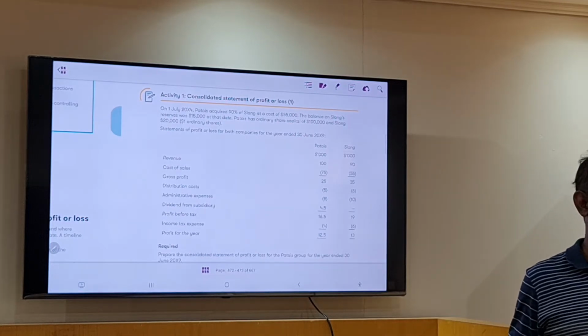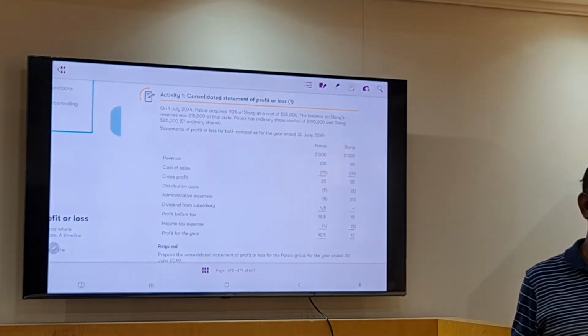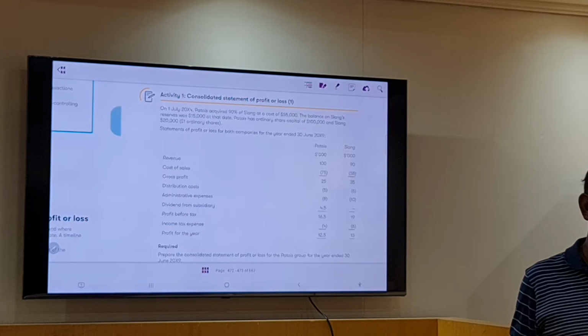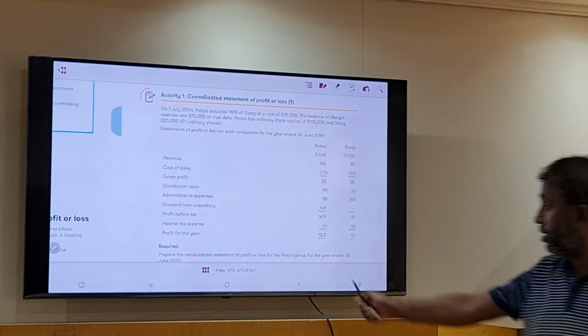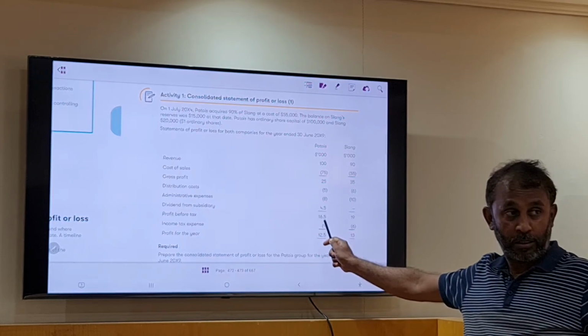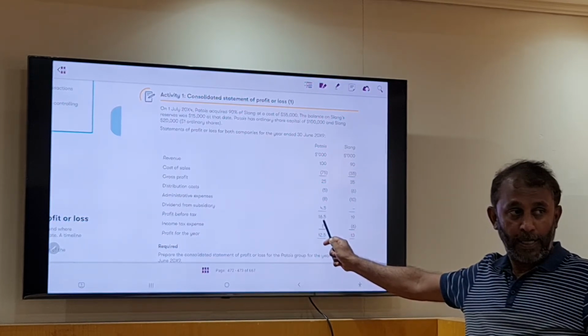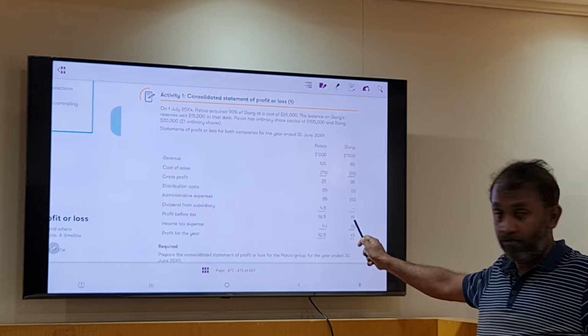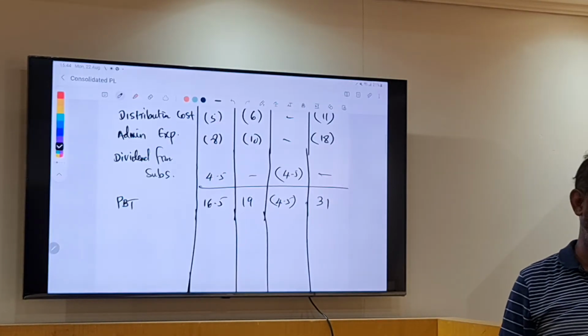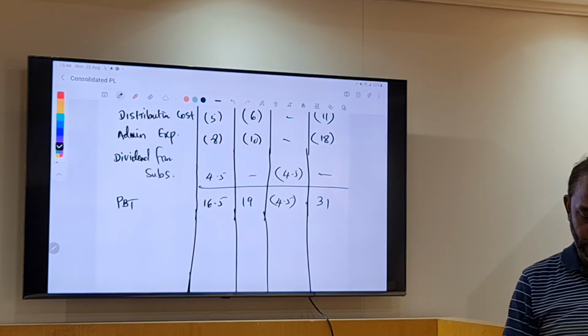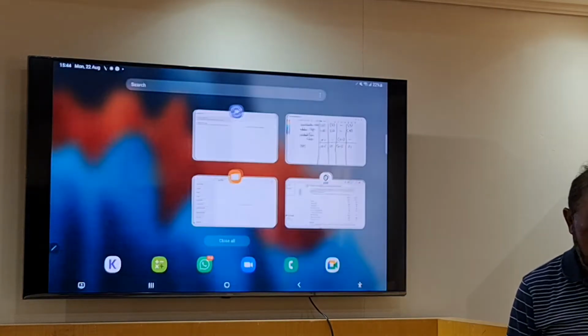No. But for this profit before tax, why do I also get 16.5, and this 19, and the adjustment you adjust for that 4.5, and you will get 31. Next, what is the next item?